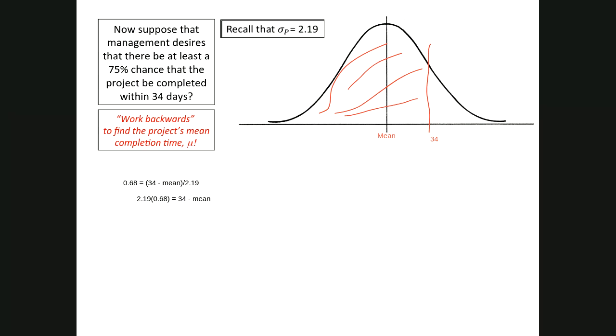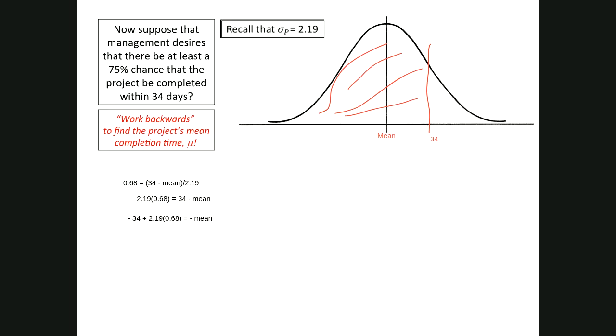And then the last step, I'm going to multiply through by a negative, and so this is going to be, on the left side, 34 minus 2.19 times 0.68. And on the right side now, this is going to be the mean.